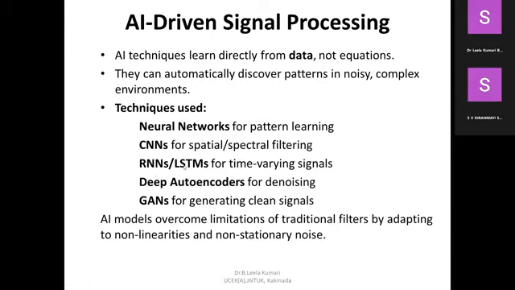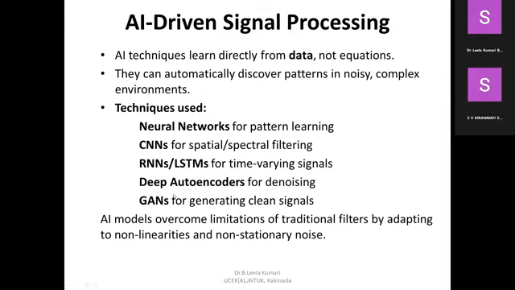And RNN is another one. RNN is a recurrent neural network, and LSTM is long short-term memory. These are for time-varying signals. These models capture temporal dependencies, making them ideal for signals that change over time, like speech, sensor data, or communication signals.